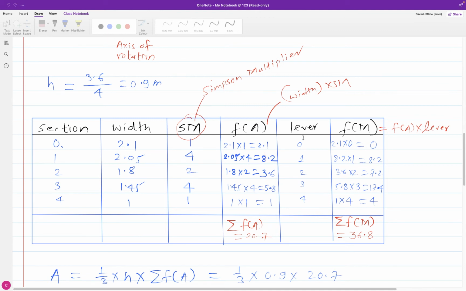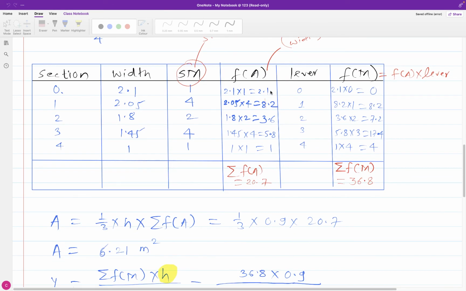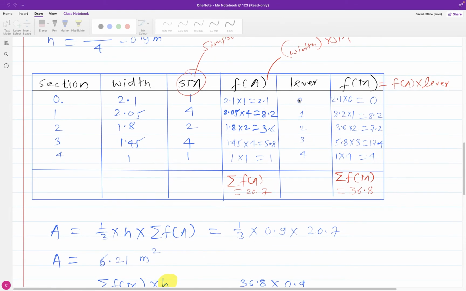Then we will have lever. Lever means just the distance from the top. So basically this distance is 0, then 1, 2, 3 and 4. Here at section 1, from the top the lever will become 0, 1, 2, 3, 4.